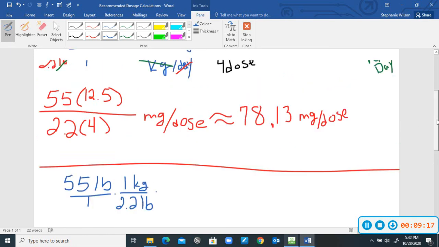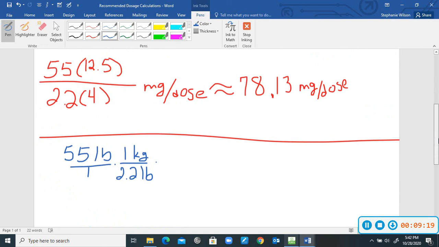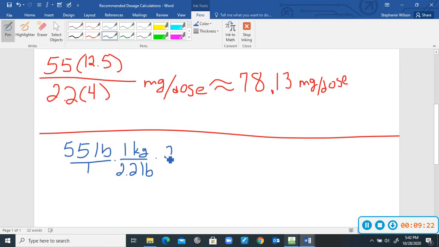My max was 25 milligrams per kilogram per day. And we already figured out in 1 day, 4 doses.